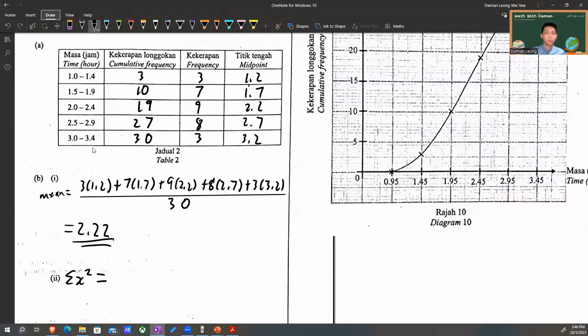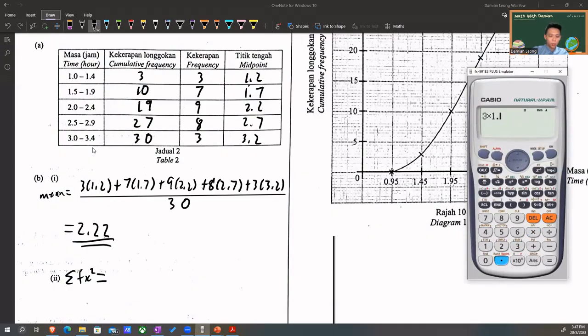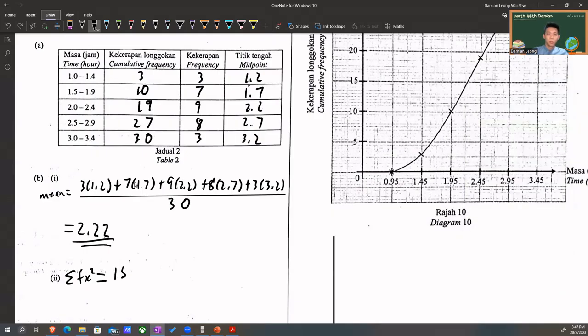Let's find the sum of fx squared first. It means each of the frequency times the midpoint squared. 3 times 1.2 squared plus 7 times 1.7 squared plus 9 times 2.2 squared plus 8 times 2.7 squared plus 3 times 3.2 squared. That is 157.15.